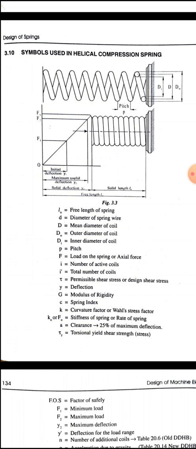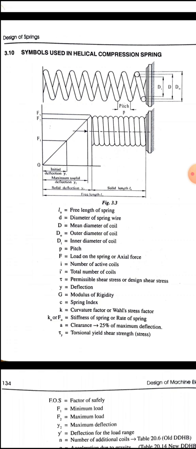L0 is the free length of the spring, small d is the diameter of spring wire.